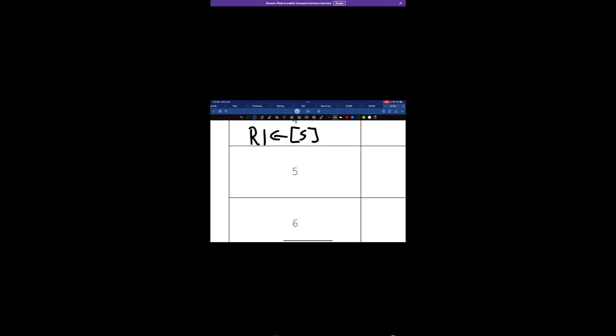Number 5 says we're on processor B again and we're running line 3. Line 3, we're storing R3 into 5.